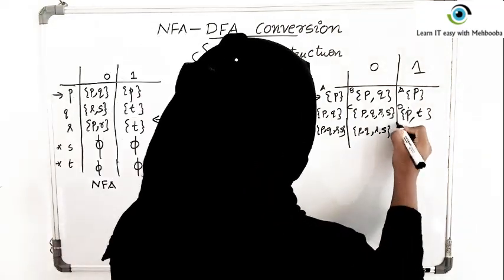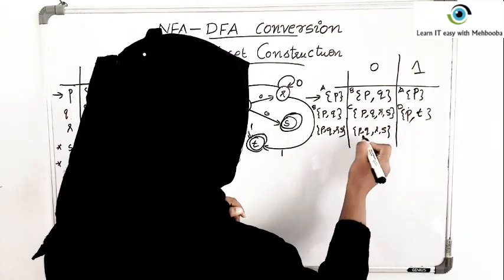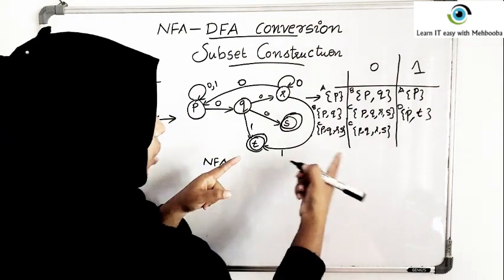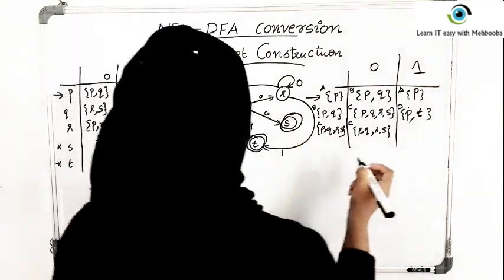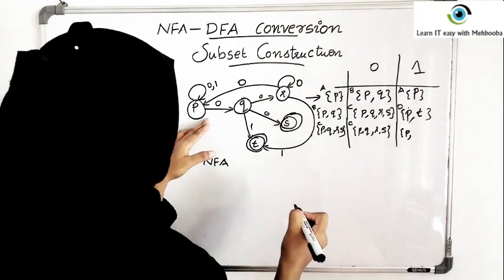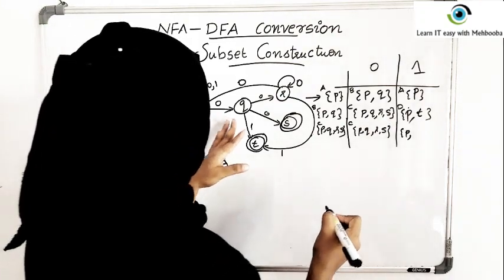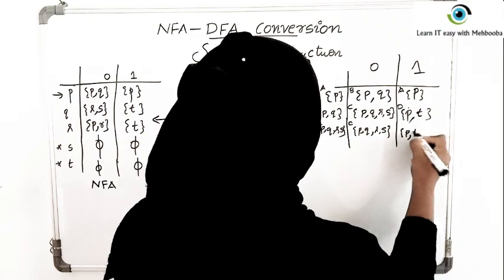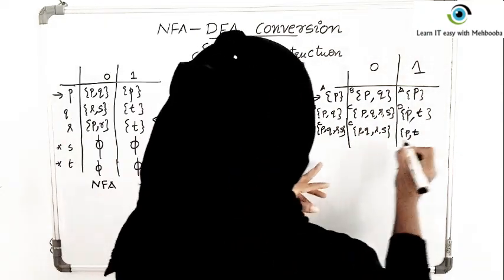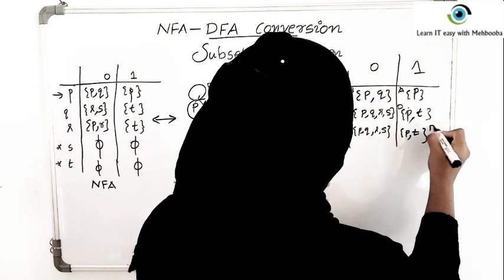So that's it. Now this is the same set C. Okay. Now PQRS on 1. P on 1 gives you P. Now Q on 1 gives you T. Then R on 1 gives you nothing. S on 1 gives you nothing. So this is PT, let's take D.